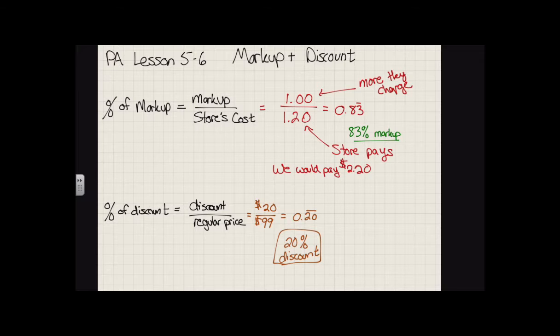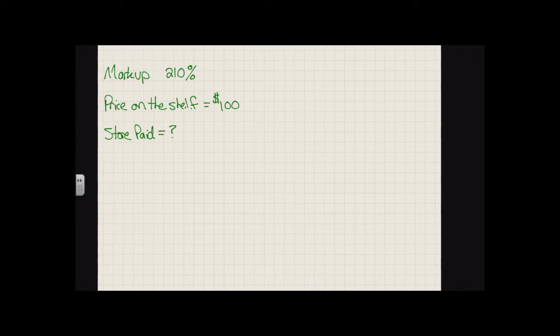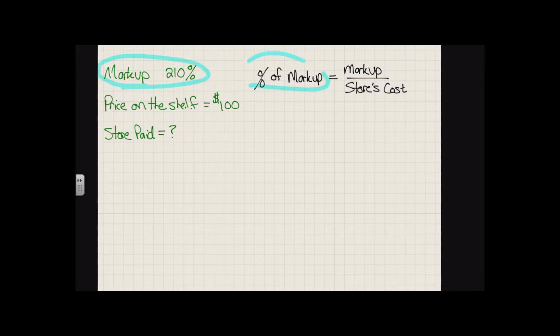All right, so I'm going to copy that equation, and I'm going to go over and paste it, like so. Okay. I know what the percent of markup is, so in that way, I'm good. I've got it here and here. So I know that there's a 210%. Does price on the shelf fit into this equation?